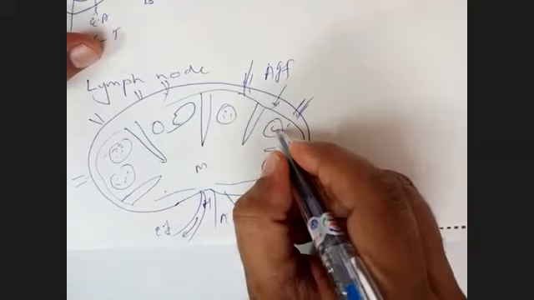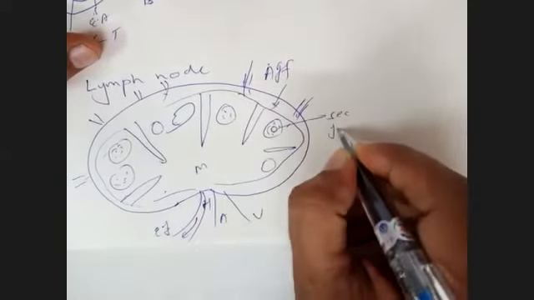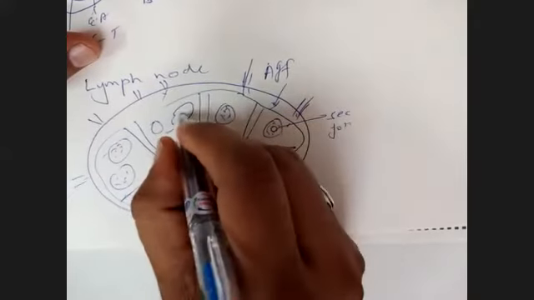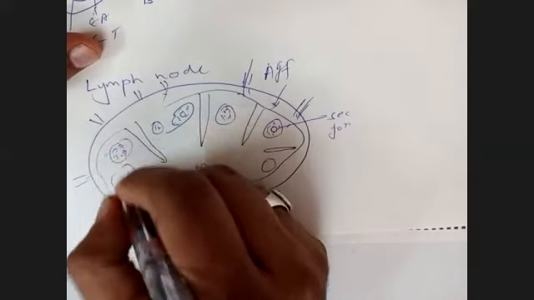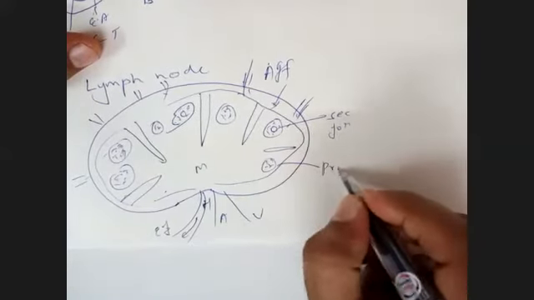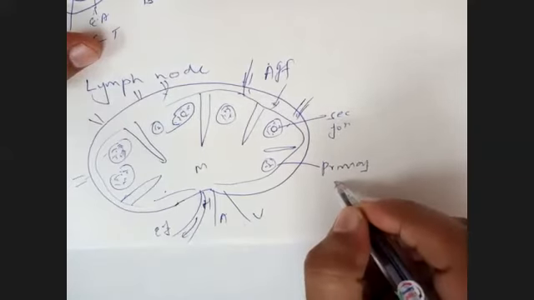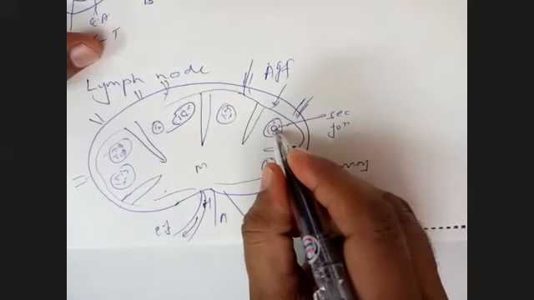Now these follicles are of two types. Some of these follicles show a germinal center. They are called secondary follicles. Some follicles don't show a germinal center. Those which don't show a germinal center are called primary follicles. So a primary follicle is an uninfected follicle. The moment it gets infected, it develops into a secondary follicle.